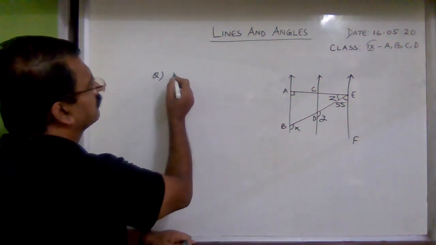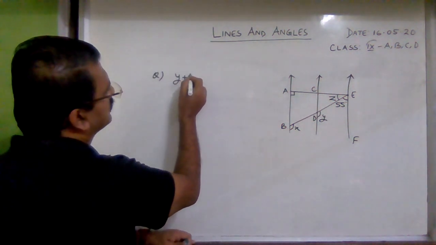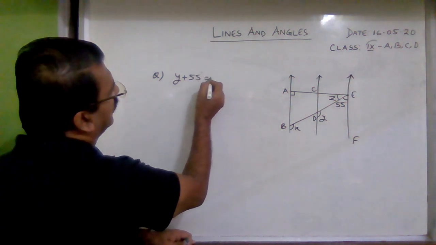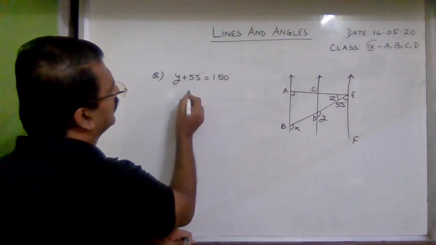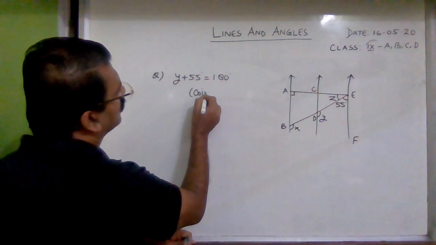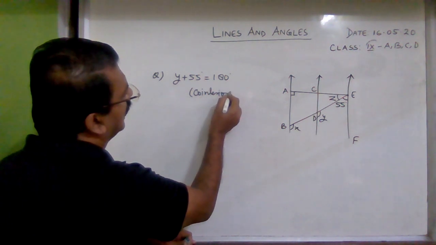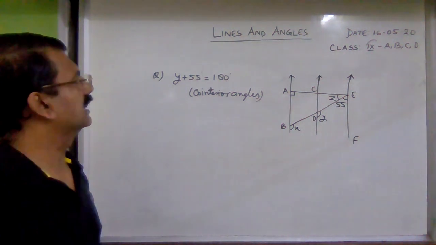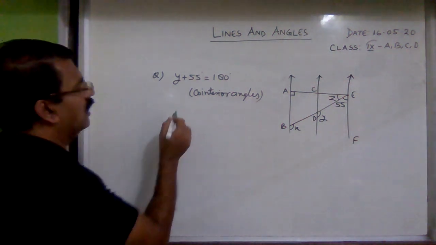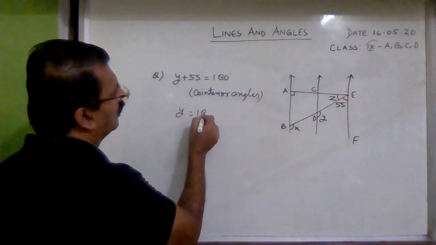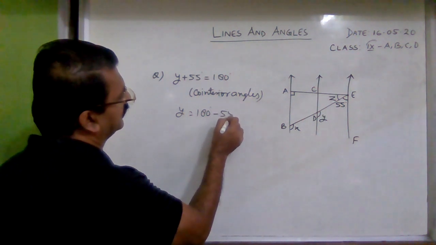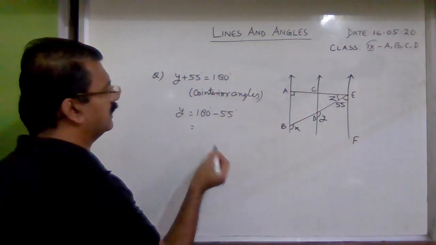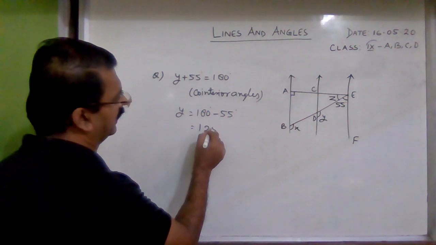So you write Y plus 55 is equal to 180. The reason you write is co-interior angles. Clear? Now Y is equal to 180 minus 55, and 180 minus 55 will be 125 degrees.